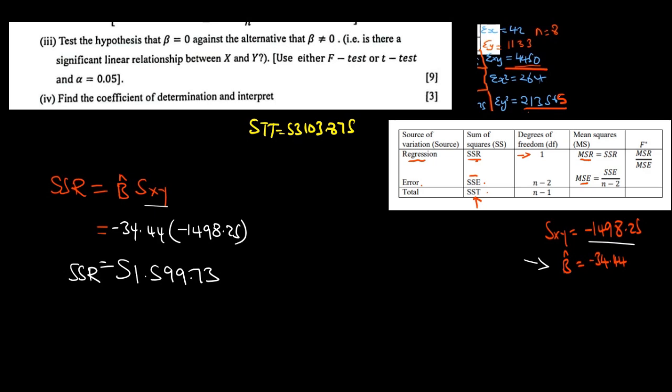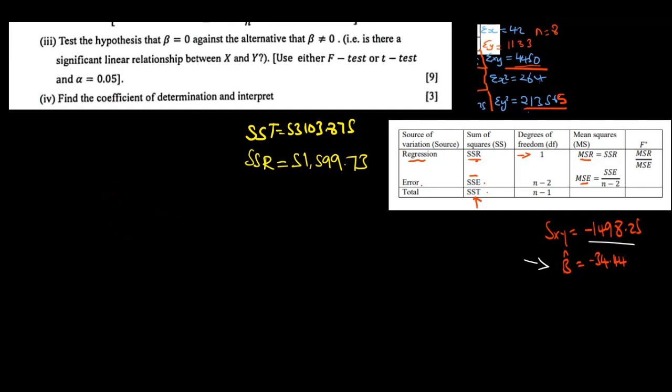So I'm going to write my SSR here. So it will be 51,599.73. So this will be my SSR, and on top there I should have my SST. I don't know why I wrote a T there. So on top there we're going to have my SST, and down there we have our SSR.